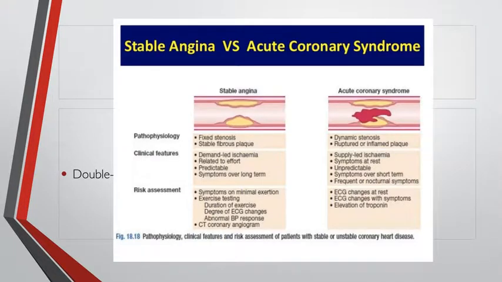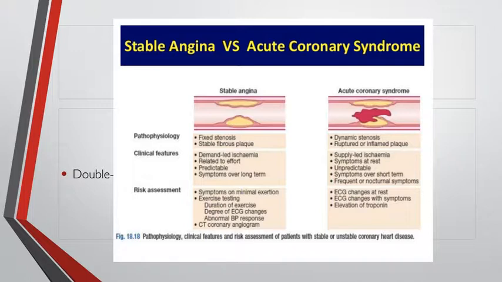So this slide, again, just compares stable angina versus acute coronary syndrome. So really, the risk assessment is a nice thing to focus on because how we are going to assess the patient is different based on whether it's stable angina versus an acute problem.